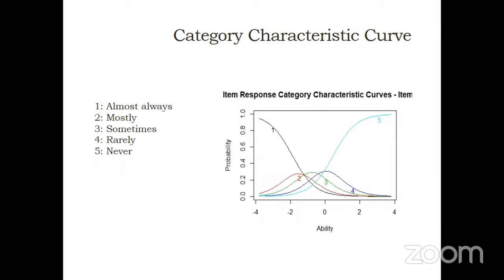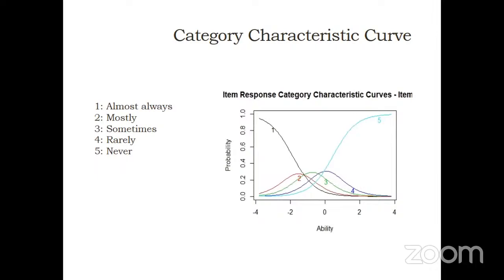If you have 7 options, you get 7 curves, like that. For example, here we have 5 options: almost always, mostly, sometimes, rarely, and never. So you get these 5 different curves. The first and the 5th one are always open, because on either side it is an open-ended option.